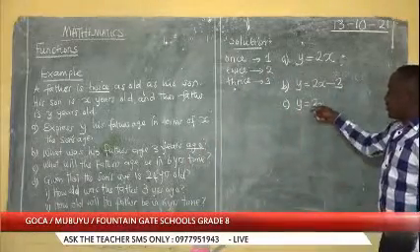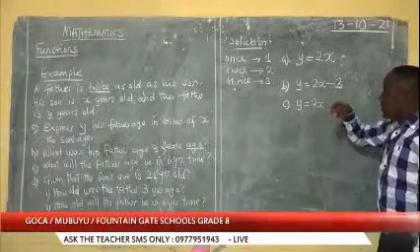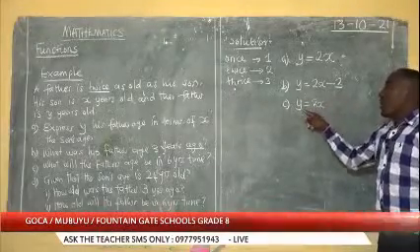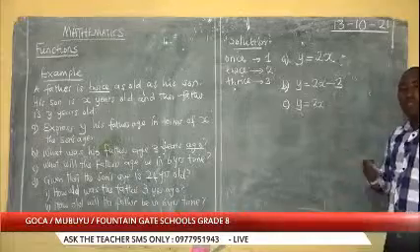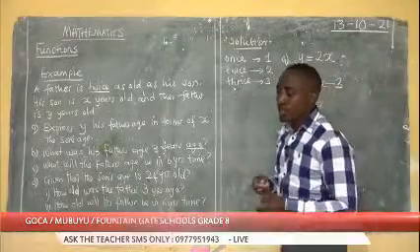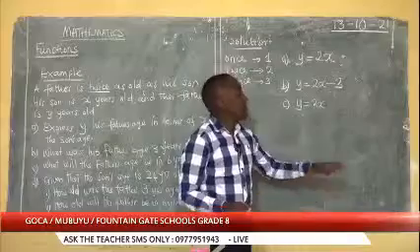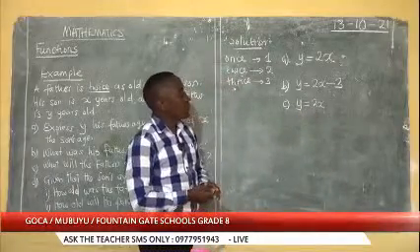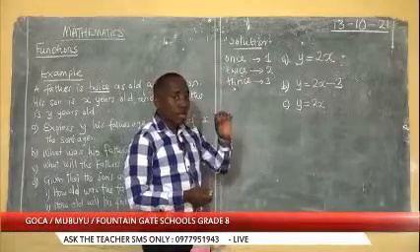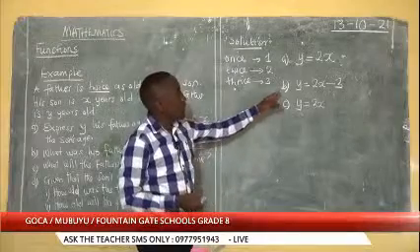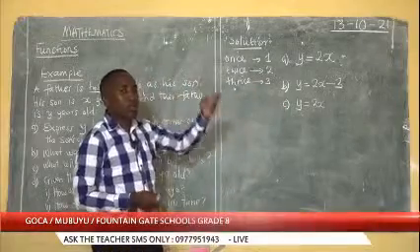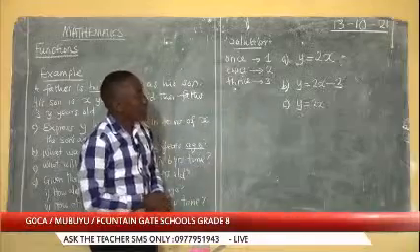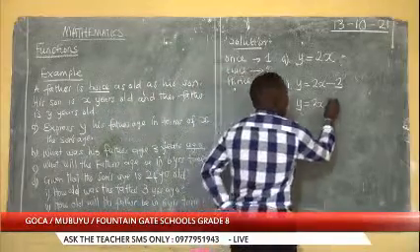If today the father's age is y is equal to 2x, then after 6 years the father's age will be y is equal to 2x plus 6. For something which will happen in the future, we add the 6.